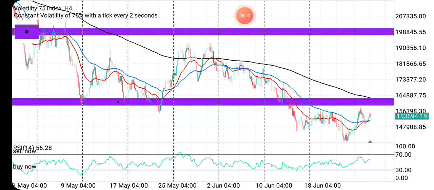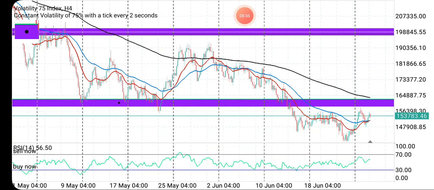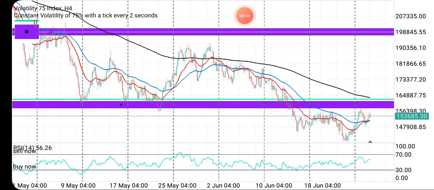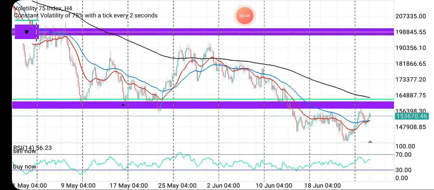You need to start afresh, because you might be looking at it and say it's going the same direction, but you don't know that it has obviously changed something inside the market. You need to make a fresh analysis so that you will know whether it has created a pattern or made another move. Whenever I enter the market and see it has made a move, I start afresh to analyze the market.